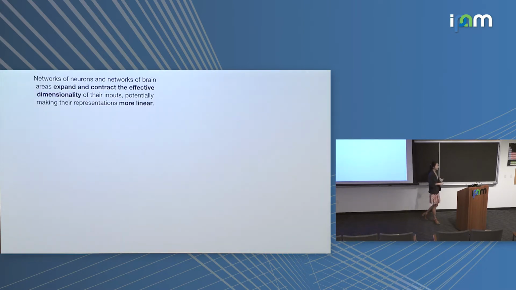So we're going to keep talking about this idea. So I'm going to stand on my soapbox for a second and make the following statement. One of the reasons that your brains work and the reasons that deep neural nets work is because when you expand the dimensionality of the inputs, it makes the representation more linear, or at least it can, right?